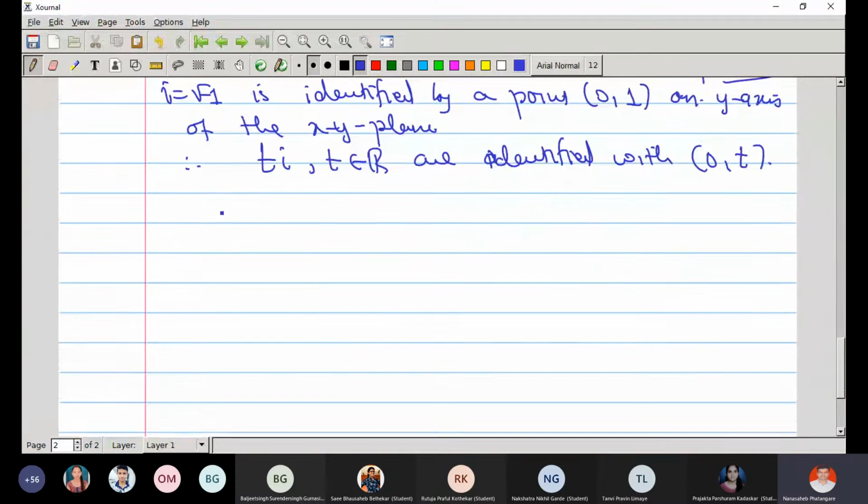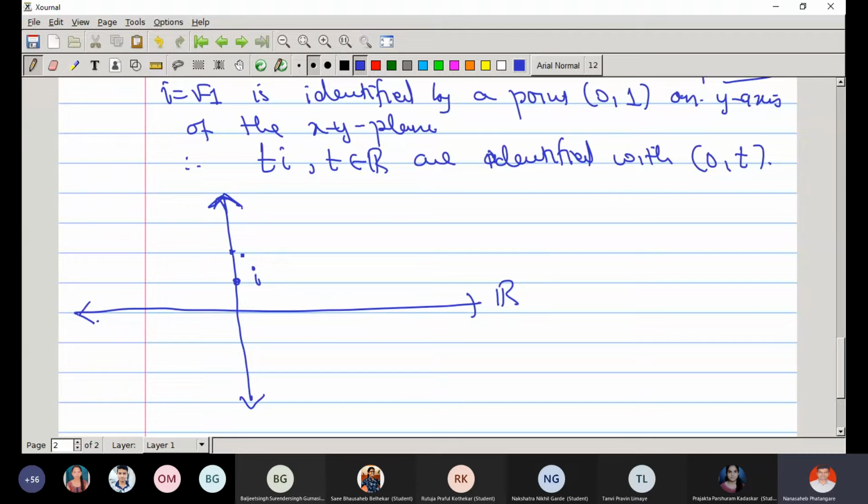So this is the real line, and to locate complex numbers in a plane, we should go outside the real line. So i is identified with this, then 2i, then 3i, then 1.5i here.